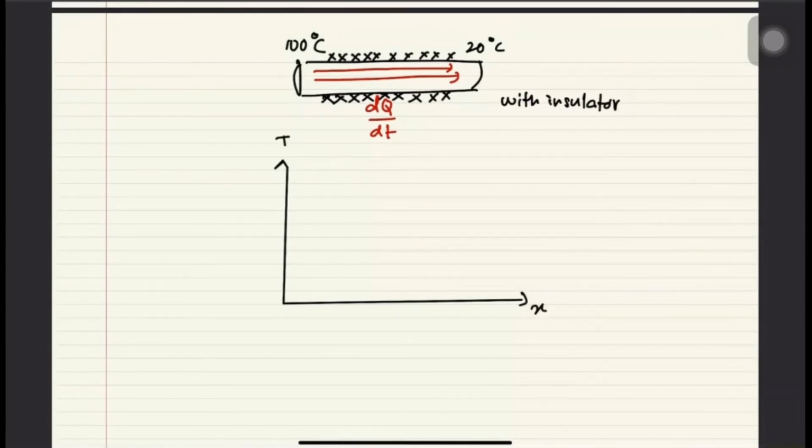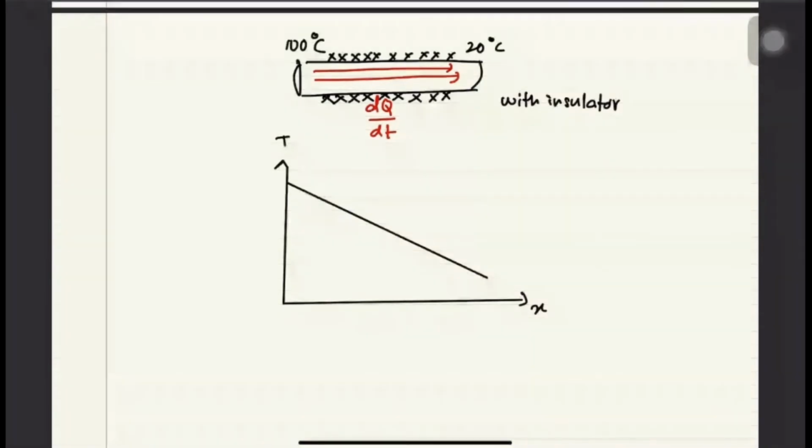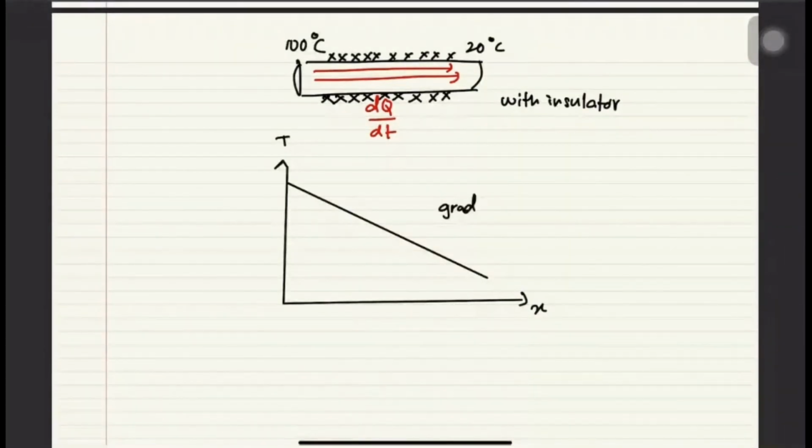You will have a straight line. Okay, that means the temperature changes gradually, directly proportional, that's how it is. And the gradient is dT/dx. The gradient m is equal to dT/dx. Okay, change in y over change in x.